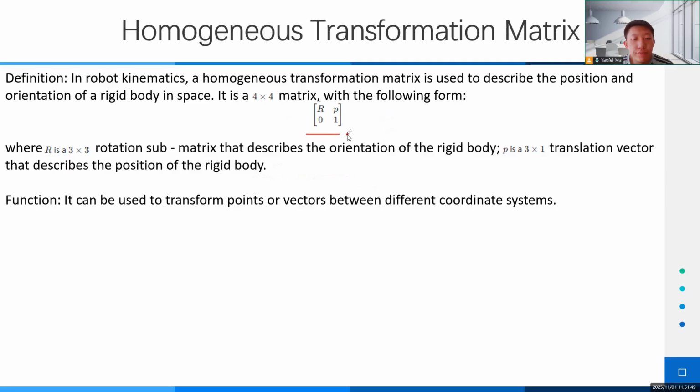Here is a 3 by 3 rotation submatrix, and P is a 3 by 1 translation. This matrix helps us change points or vectors from one coordinate system to another.